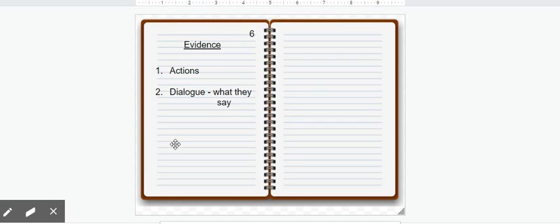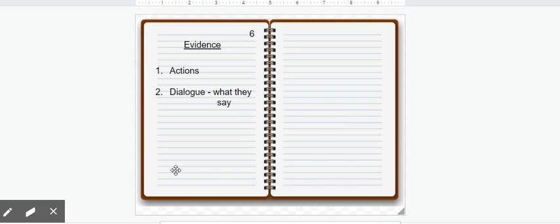And there are 2 things to look for evidence. First of all, number 1, actions. You look for the actions that a character does. Okay, so look for each of their actions. And the second thing to look for is dialogue, or what the character says.